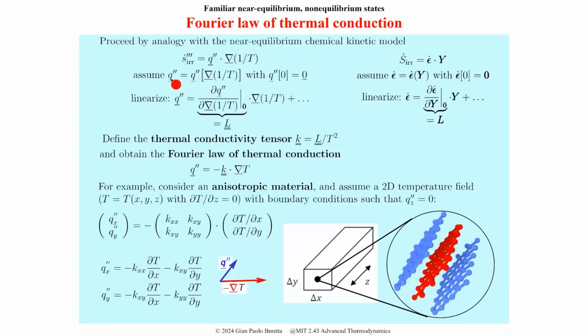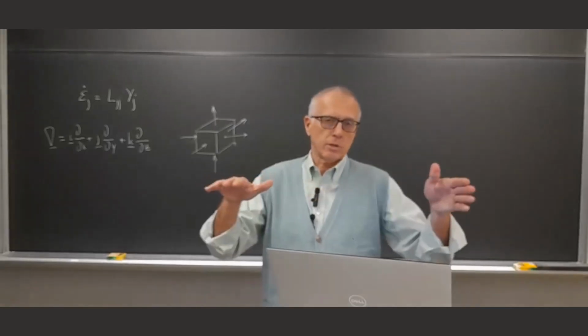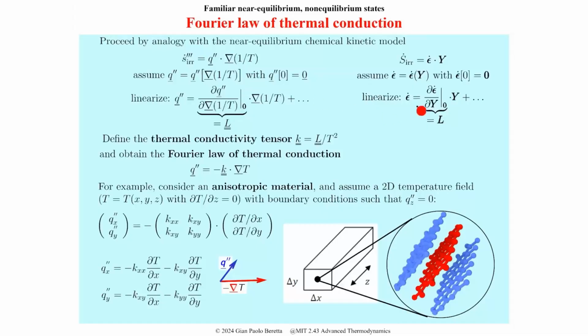So let's assume that the heat flux vector is a function of the gradient of the inverse temperature, and it is equal to 0 if there is no gradient, because we know that if the temperature profile is flat, there is no gradient, there is no heat flux. And we linearize this expression, like we did here. You take this derivative, and the derivative of a vector with respect to another vector becomes a tensor.